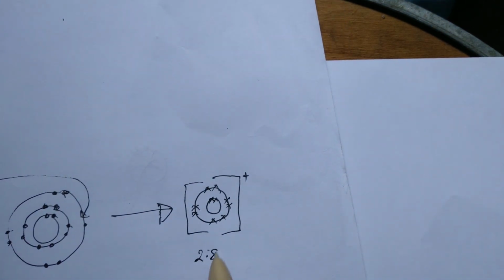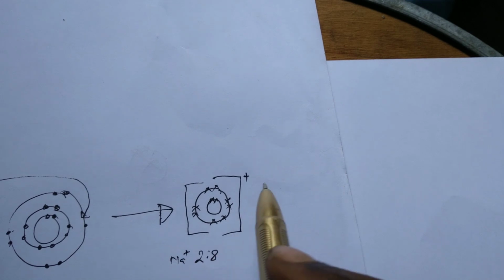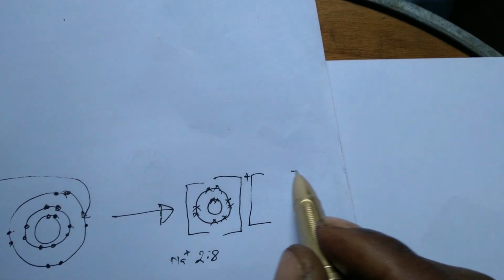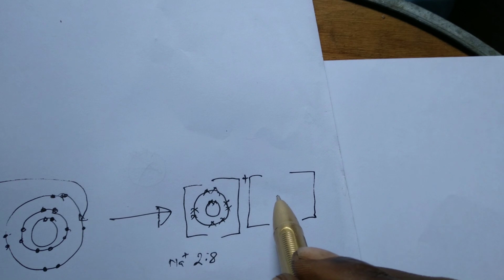So we have 2.8 for the sodium ion. And for chlorine, we're going to have more electrons.